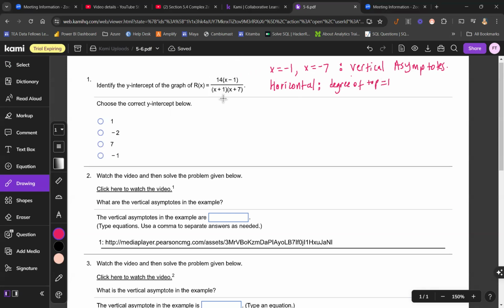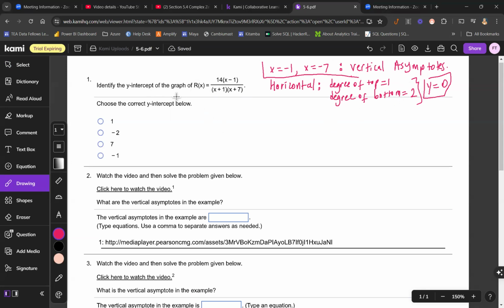If we multiply everything in the bottom, the degree of the denominator is 2, because we are going to get an x squared at the bottom when we multiply them. Therefore, the horizontal asymptote will be y equals 0. Whenever the degree of the denominator is greater than the degree of the numerator, the horizontal asymptote is always y equals 0. So this question has two vertical asymptotes and one horizontal asymptote.